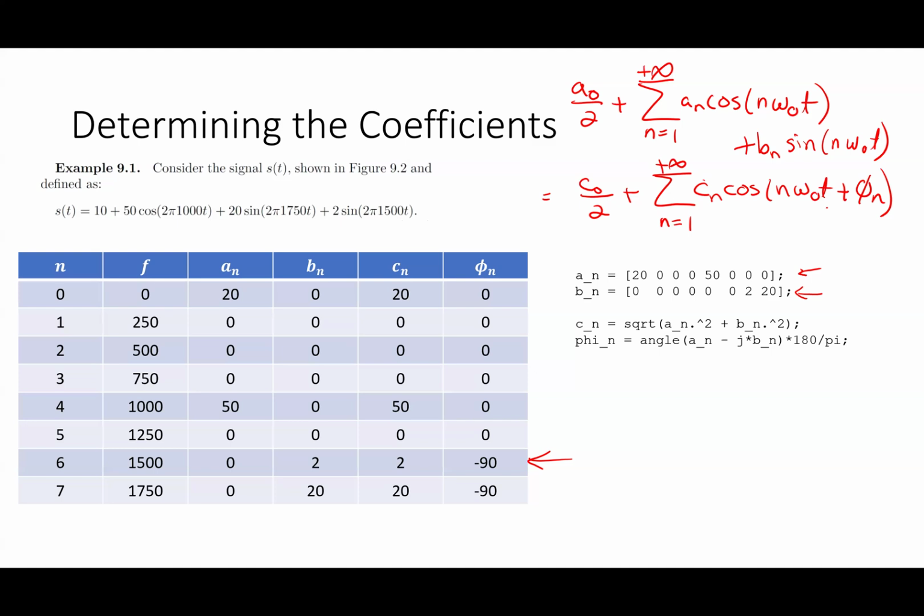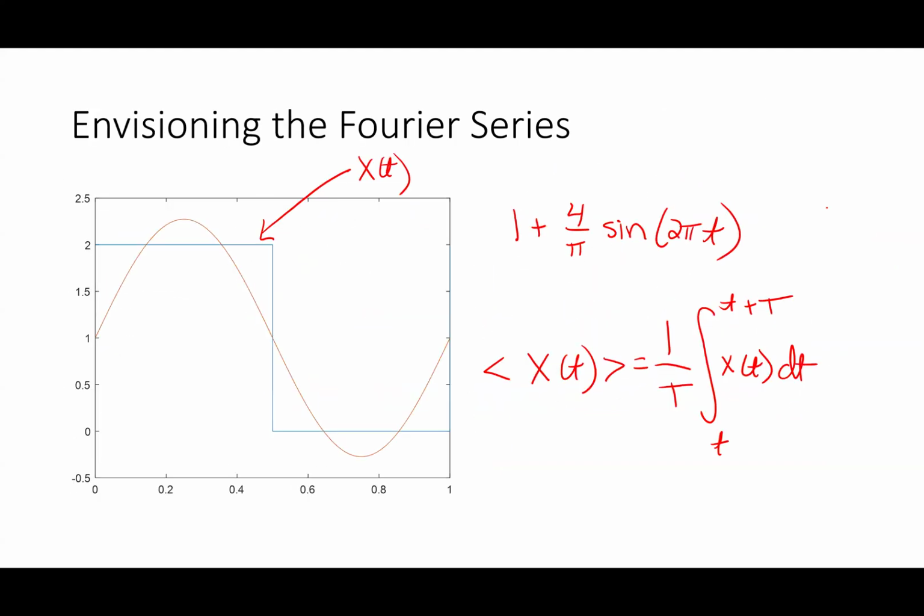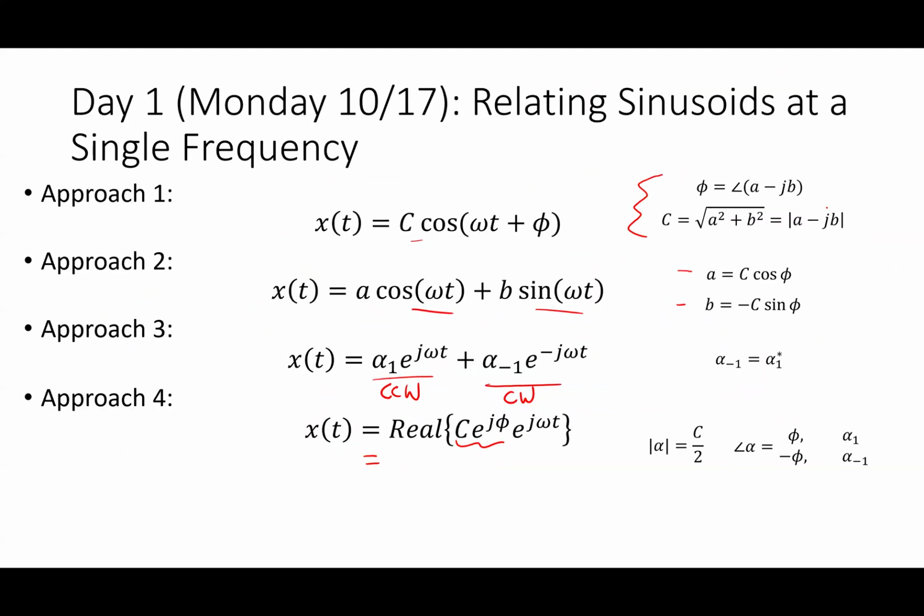I got a square root. I got an angle. The way I recommend you thinking about it is I've got these formulas here, in the notes now multiple times, right? I derived before relationships between all of these different coefficients.